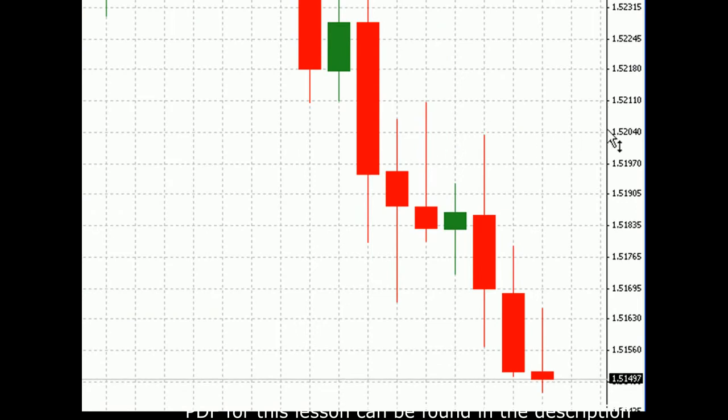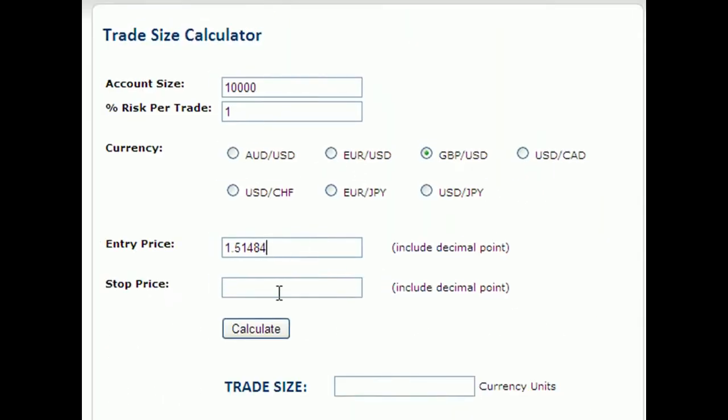So let's just say about 1.52110. So you've specified your account size, you specified the percentage you want to risk on any one trade, you specified the currency you're trading, the entry price and the stop price.